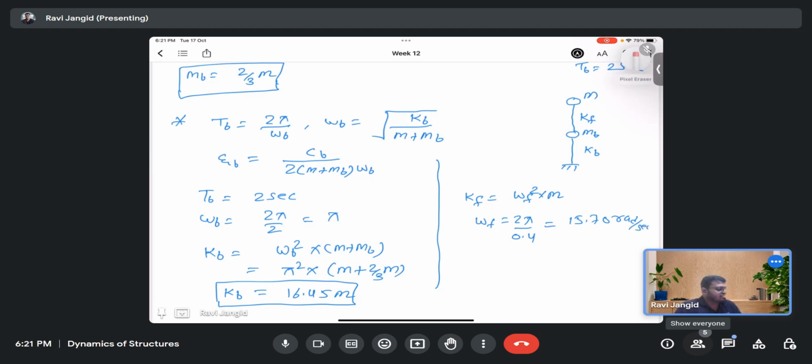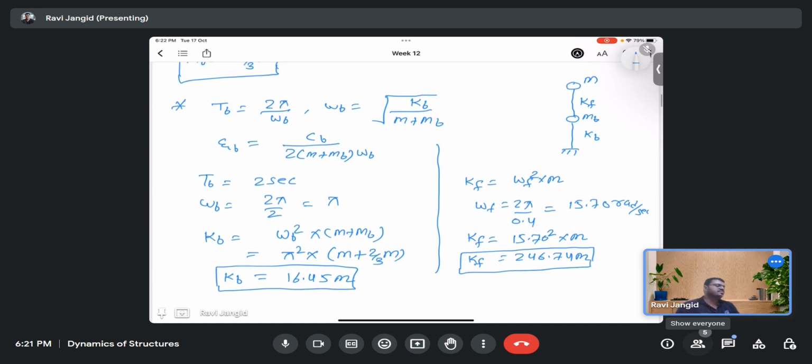Okay. So my KF would be 15.70 square times the mass. So that would be coming out to be 246.74 M is my KF. So now can you develop the mass matrix and the stiffness matrix?